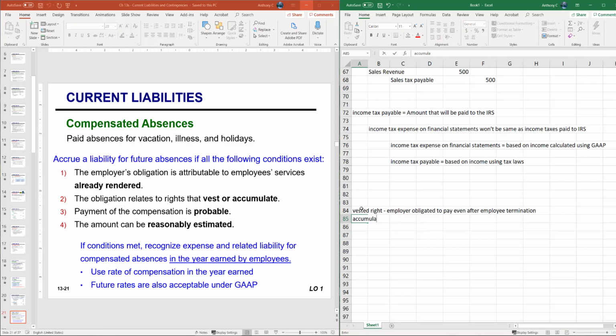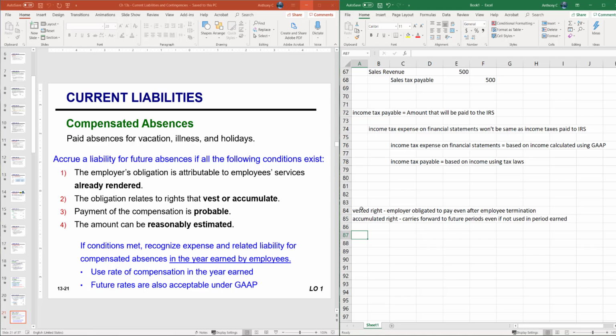And an accumulated right, all that means is a right carries forward to future periods, even if we don't use it in the period that we earn the right. Right, so we can only accrue compensated absences if these rights carry forward and they vest. Third condition and the fourth condition are generally no problem.